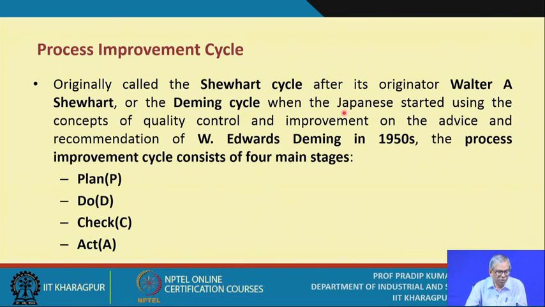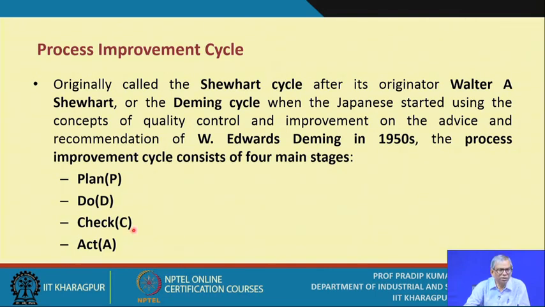So, if you look at this improvement cycle, which is referred to as the Shewhart cycle or the Deming cycle, there are four main stages. What are those? First one is the plan. The second one is do, when as per the plan, you have to do something. Then you just check. That means you verify whether your performance is all right or not as per the quality norms.